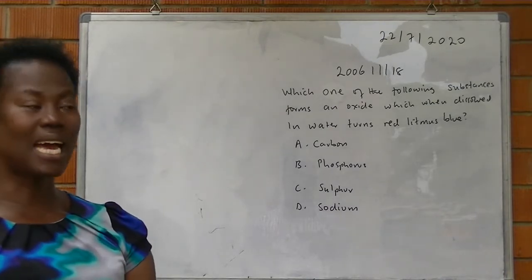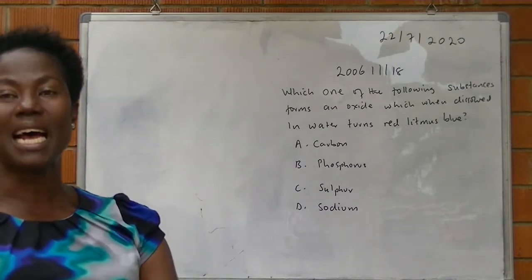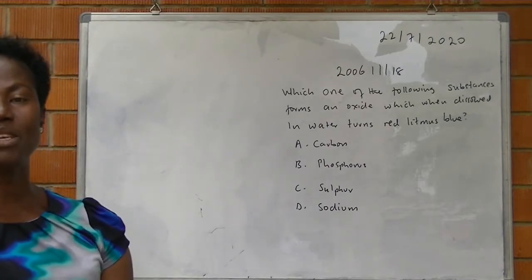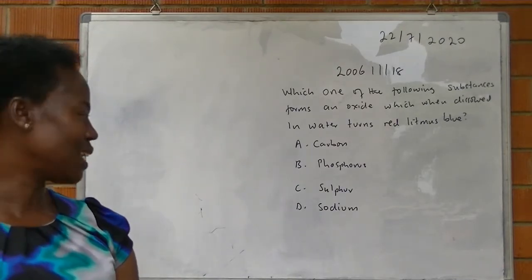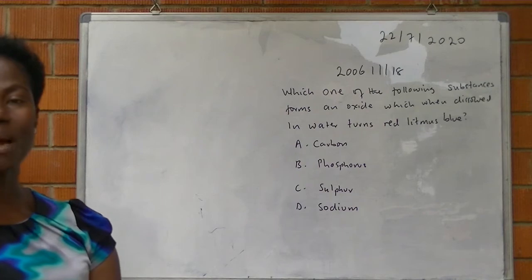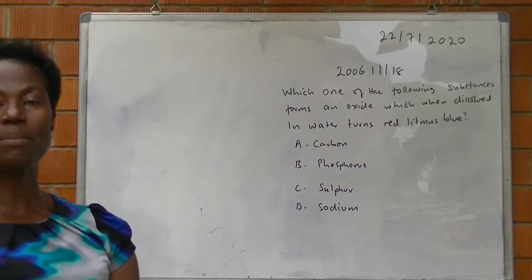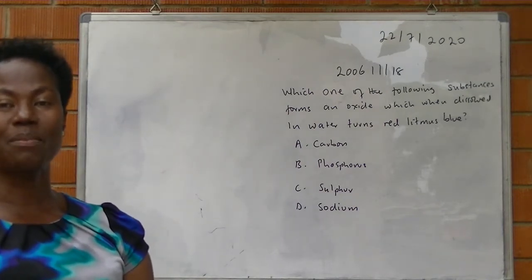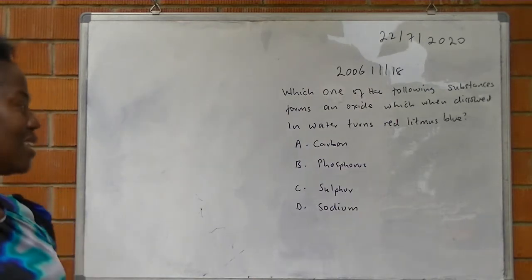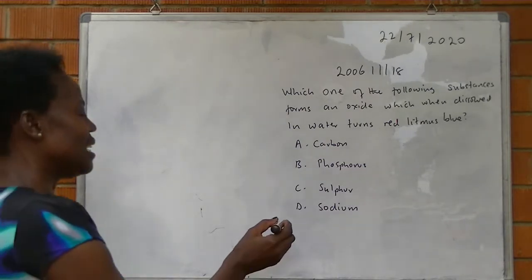A, B, and C are nonmetals, and nonmetals form acidic oxides. Our last option is sodium, which is a metal. Metals, when burnt in oxygen, produce basic oxides. So the right alternative is D.